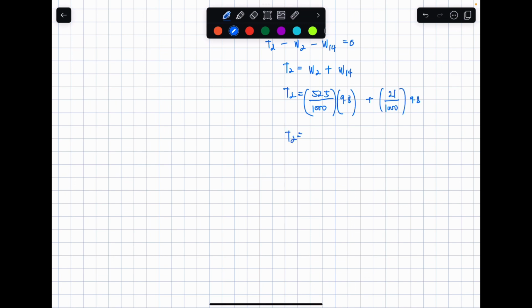So our T2 then is 52.5 multiplied with 9.8 over 1,000, and then plus 21 times 9.8 divided by 1,000.